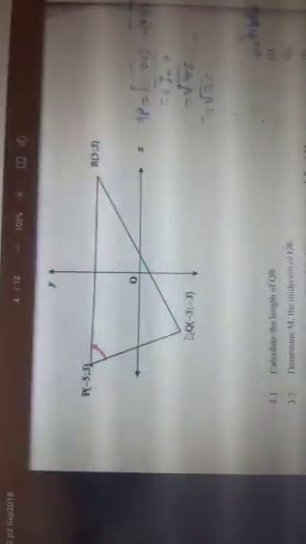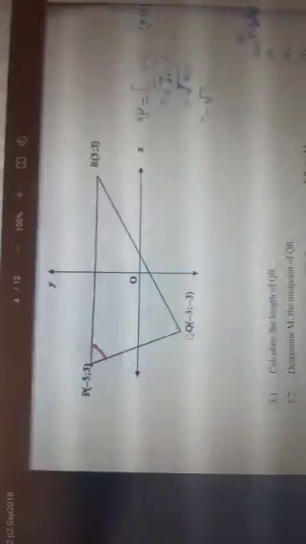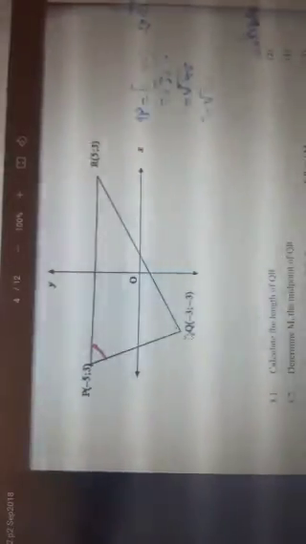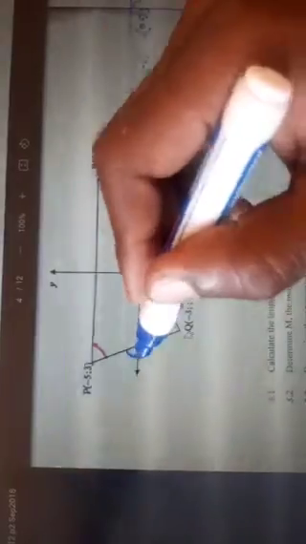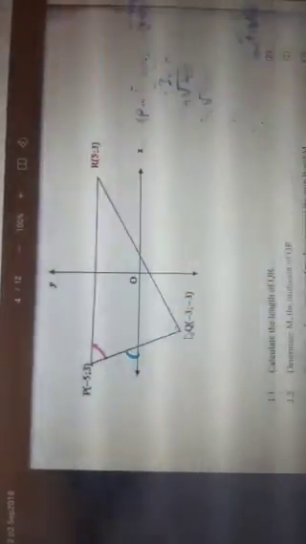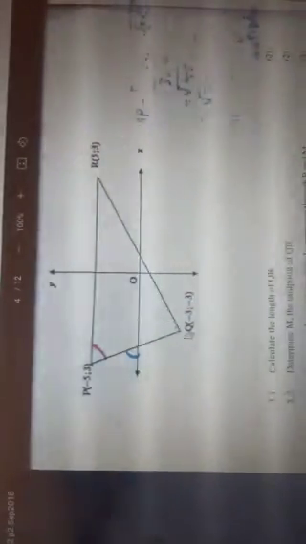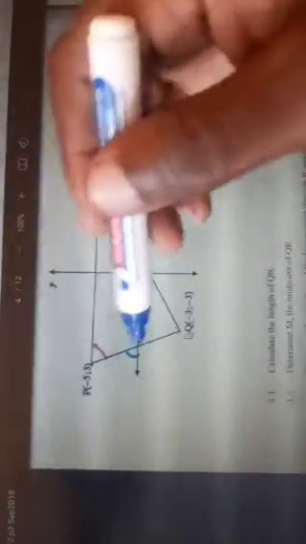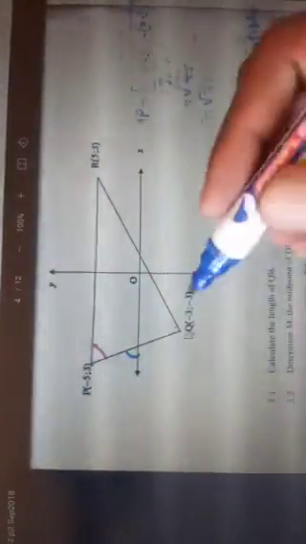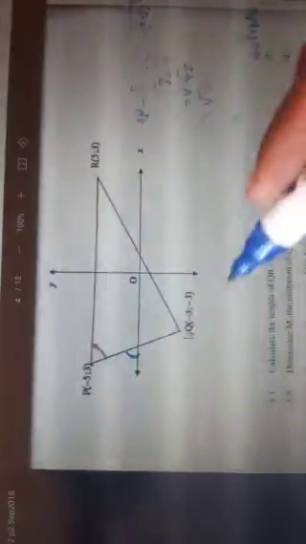Because this line is parallel to this line, this will be alternating to this one, and I can get this by using the gradient. So let's do it quickly.